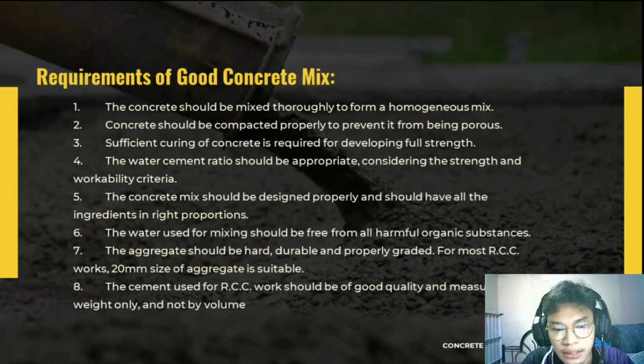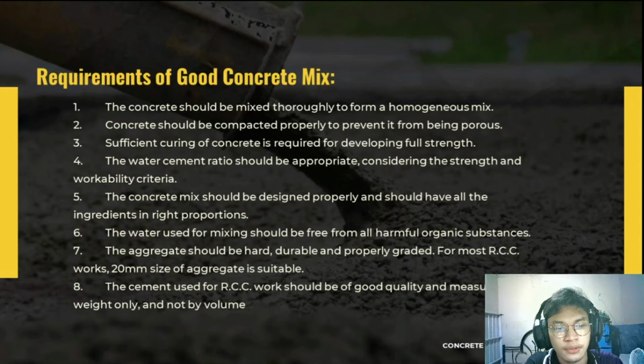Tapos yung RCC, kadalasan siyang ginagamit sa mga structure na kinakailangan na mataas na resistance sa bending moment. Kasi nga may steel siya sa loob. Kapag wala siyang steel sa loob, tas na-expose siya sa bending moments, yung structure ay magkakaroon ng cracks. So, yun. At dito sa number 7, sinasabi lang kung ano dapat yung aggregates na gagamitin natin para sa RCC.